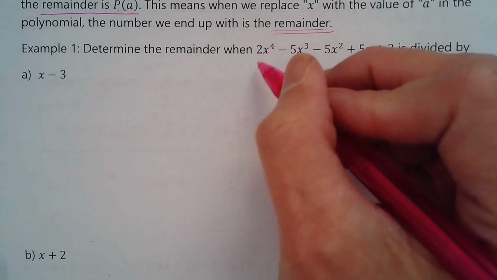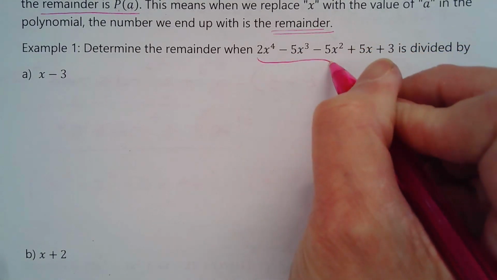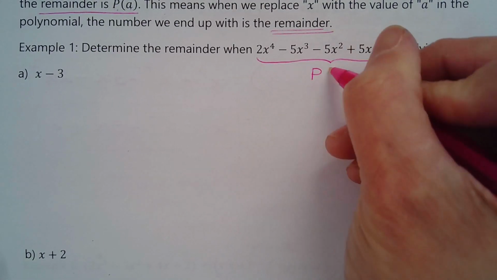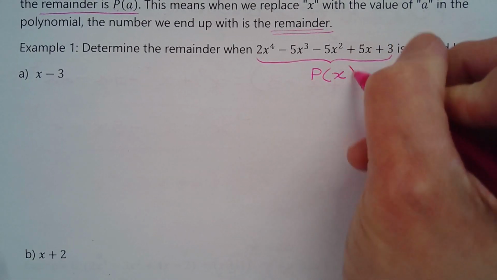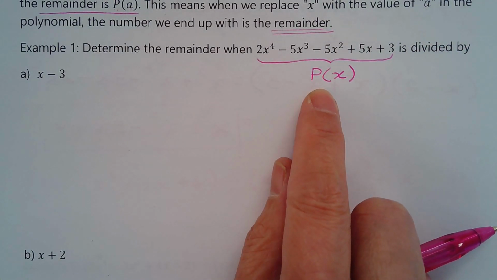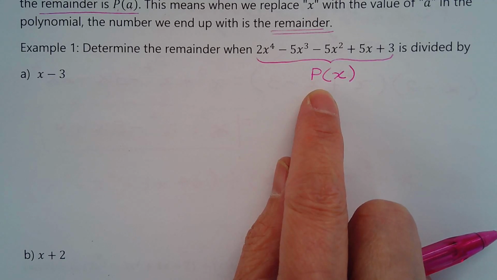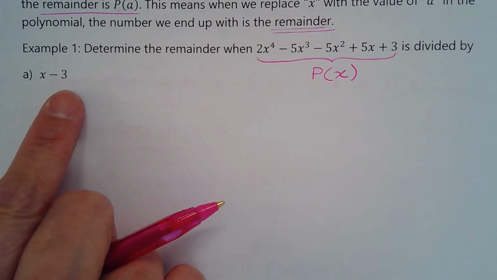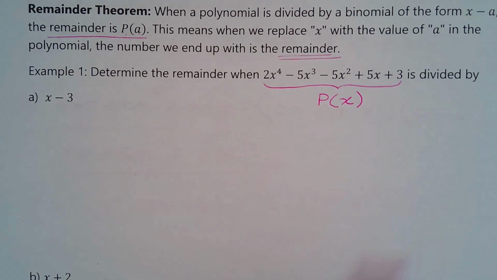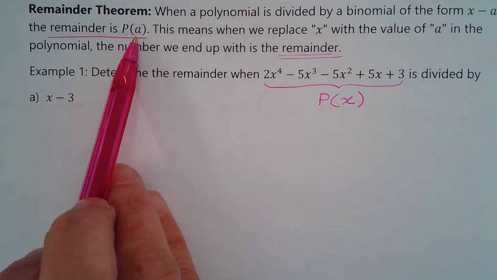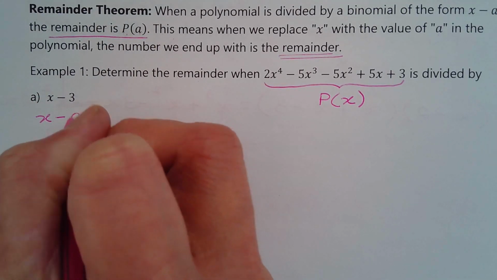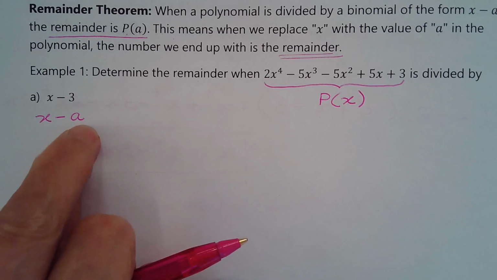Okay, so this part here is the polynomial p of x. So we want to divide it by x minus 3. What we need to do is replace the x with the a. So what's the a value in this case?